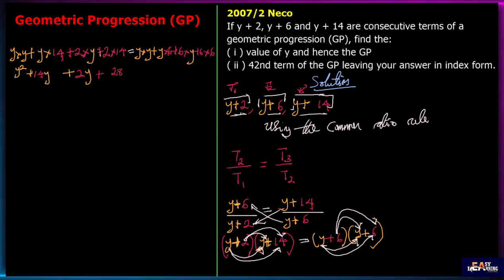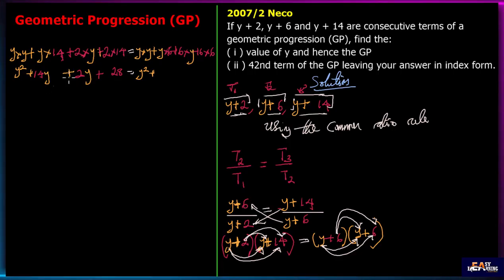and we say equal to y times y here will give us y squared. This was y squared, not 2y. y raised to power 2, and then plus y times 6 here will give us 6y. I want to use color for 6 and color for y.